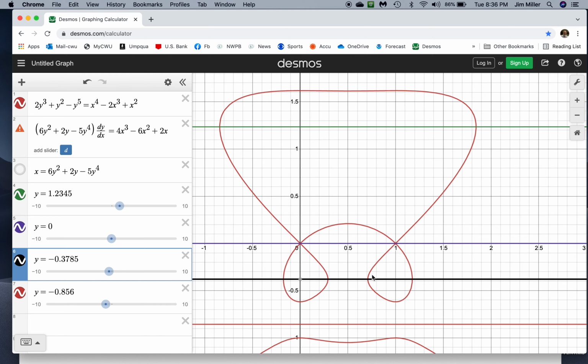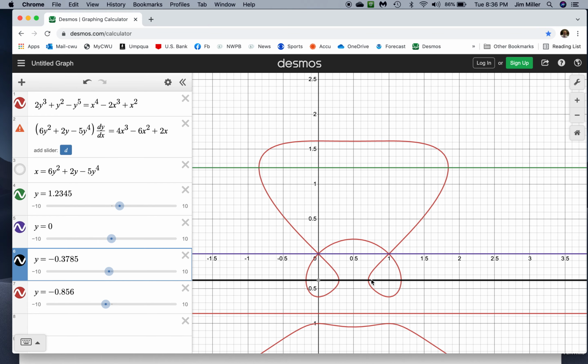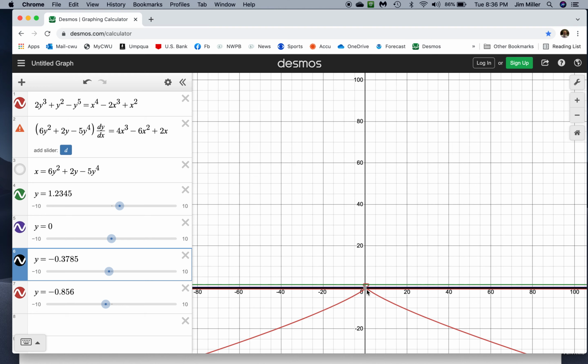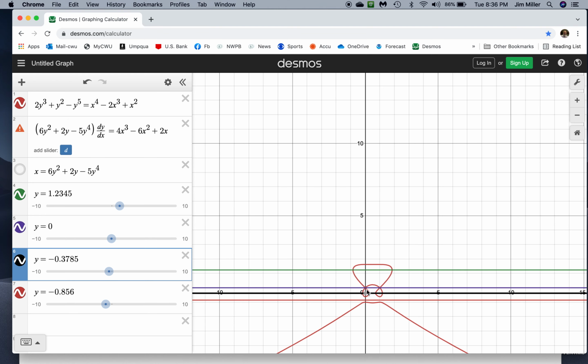We can zoom out, and you can see that it never hits the curve. The curve doesn't go there, at least according to Desmos. Now, maybe there's part of the curve that this didn't graph, but it doesn't look like there's any with that white line. So I can turn that one off.